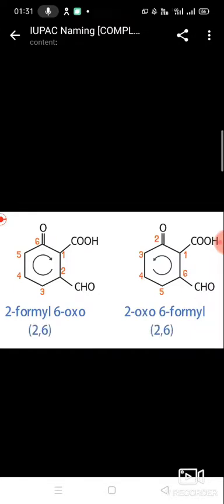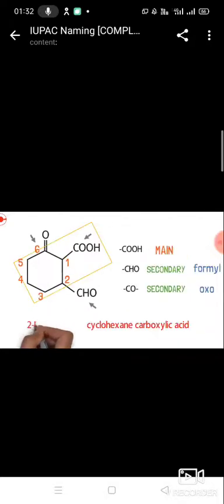Whether you go clockwise or anti-clockwise, the attachments get the same minimum numbers. In such a case, you can give the number from any side because the locant is the same. 2 is the locant. So the first one is the answer: 2-formyl 6-oxo cyclohexane carboxylic acid.